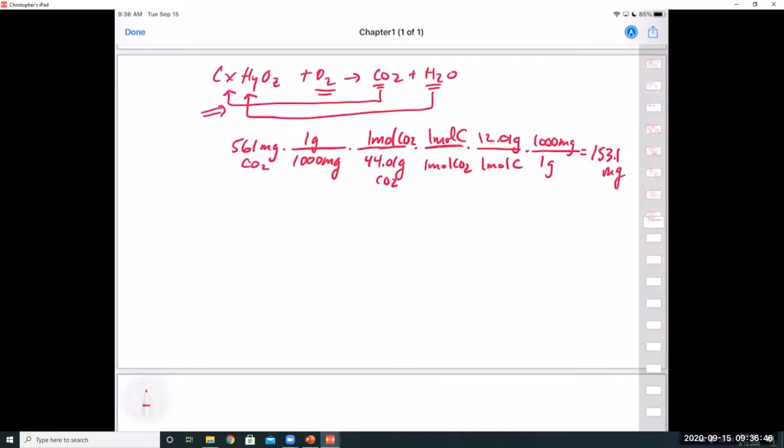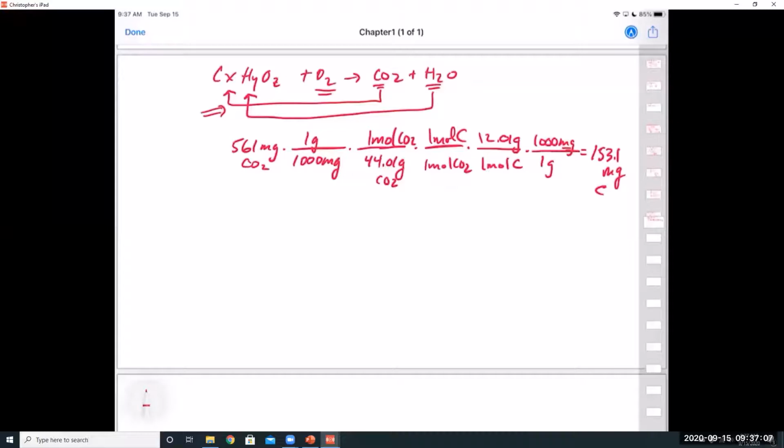So at the very end there, yes, in order to get back to milligrams, we have to put the 1,000 milligrams at the very end at the top. We're always going to want to convert back to what we started with. So if the question asks for milligrams, then just bear with me for now, and you'll see why we're doing this.